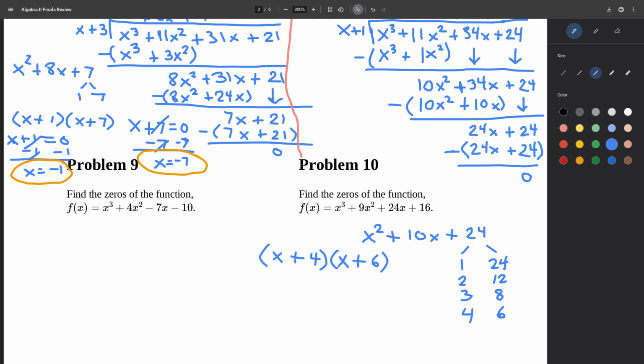All right, now f of x equals 0 when this equals 0, so if we set either of these to 0, we find the zeros. I'm going to set x plus 4 equal to 0 and subtract 4 from both sides. 4 minus 4 is 0. We get x equals negative 4.